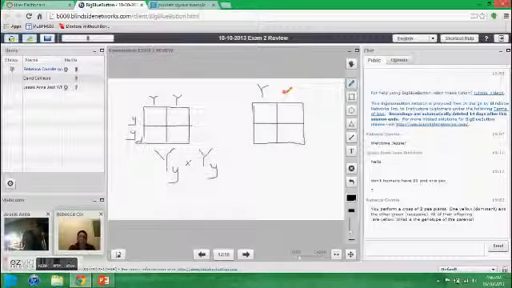So you want to set up your Punnett square just like before, only this time you're given what goes on either side. We have a big Y and a little y, or g, doesn't matter in this case, on both sides.